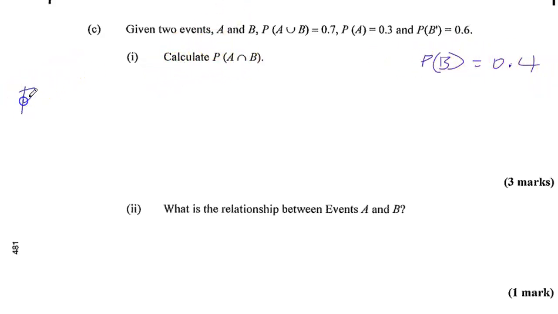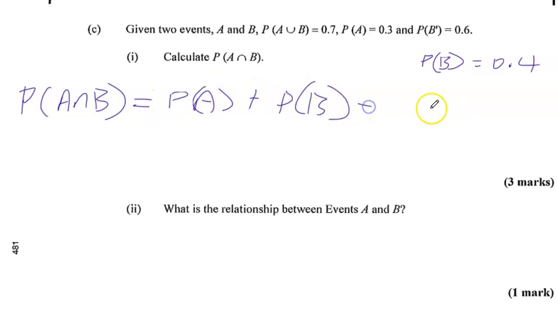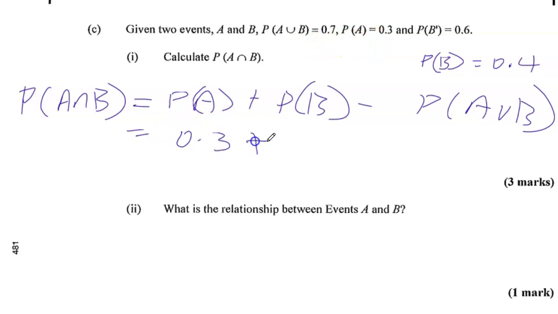Calculate the probability of A intersect B. So the formula for the probability of A intersect B is the probability of A plus the probability of B minus the probability of A union B. That's the formula. So probability of A, that's 0.3. Probability of B, that's 0.4. A union B, that's 0.7.